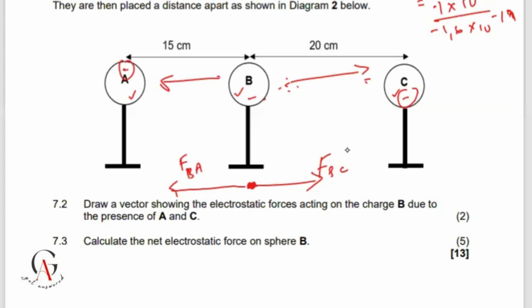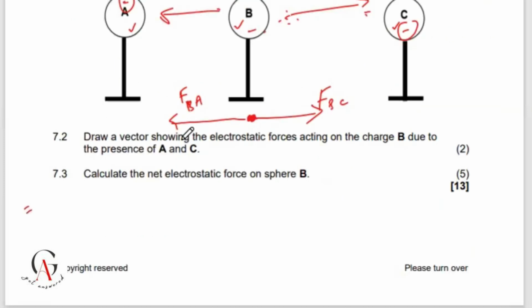Then 7.3, calculate the net electrostatic force on B. So for us to get the net electrostatic force, we need to get the electrostatic force for each individual force that we have here. So we can look at this first force, then we can look at this other force as well.